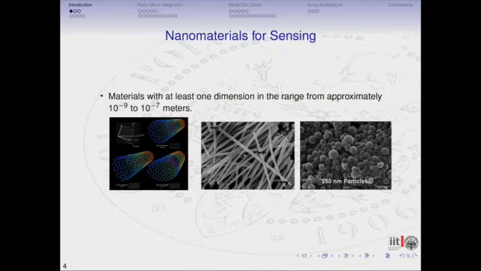The nanowires can be longer than 100 nanometers, can reach the micrometer range, but we can also talk about nanomaterials in case all three dimensions are in the nanometer scale, as for nanoparticles.